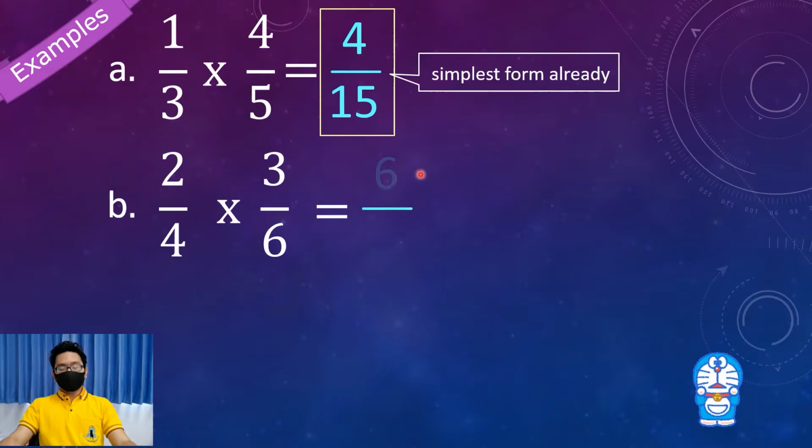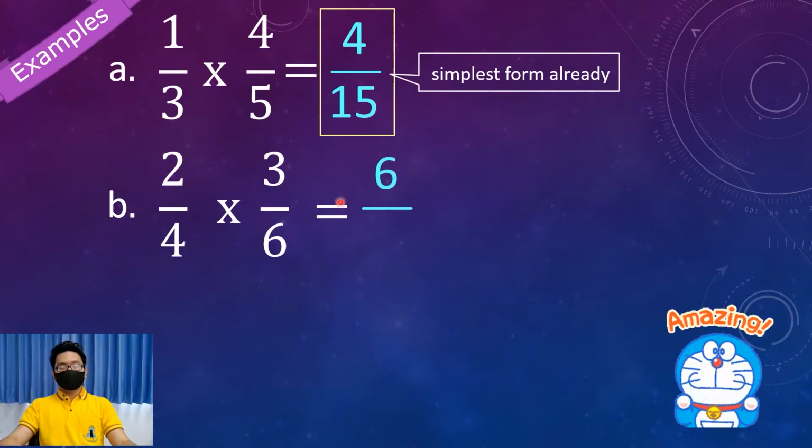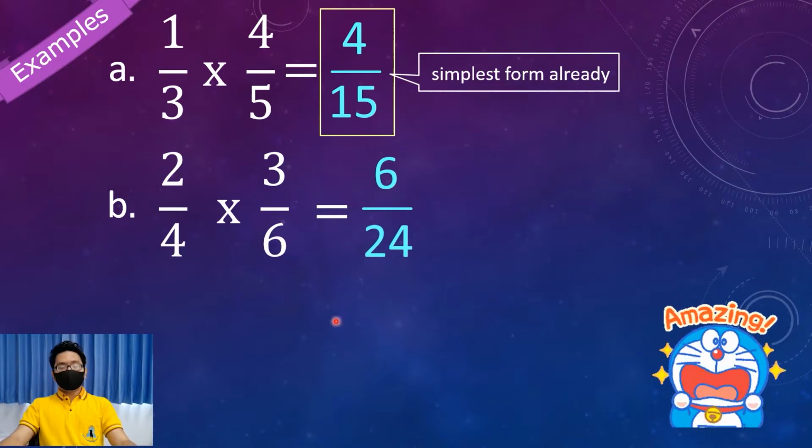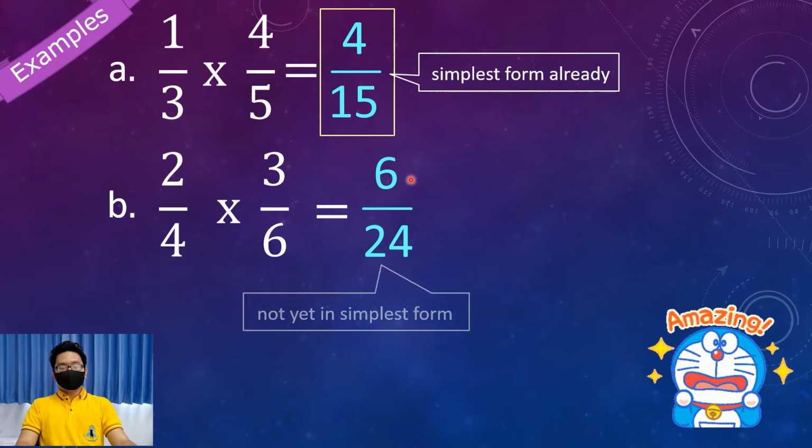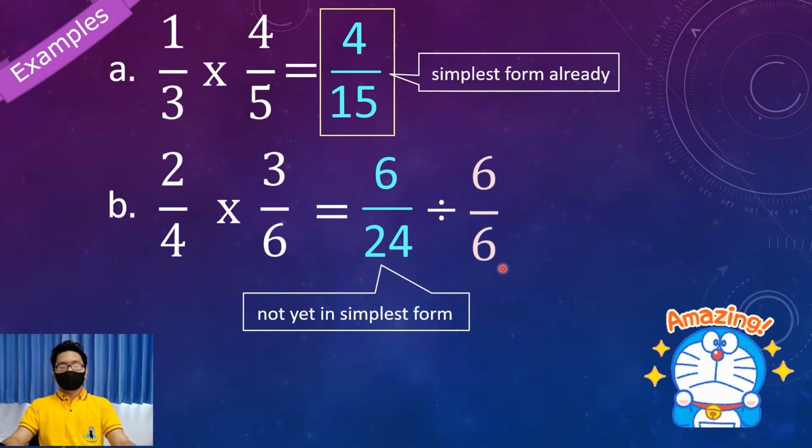2 times 3 equals 6. 4 times 6 equals 24. Now let's check if this fraction is already in simplest form. No, not yet. 6/24 is not yet in simplest form because we can still divide it by 6.